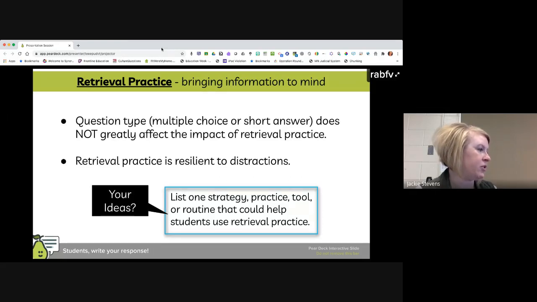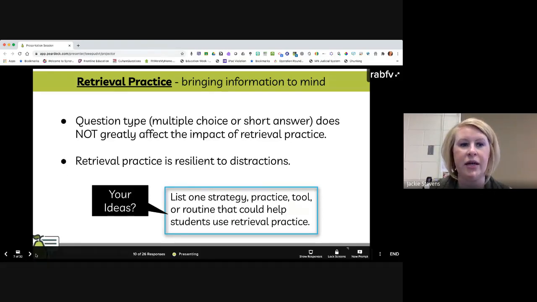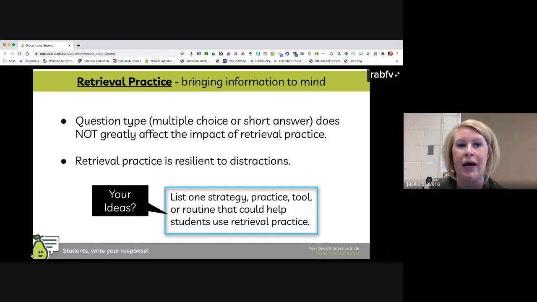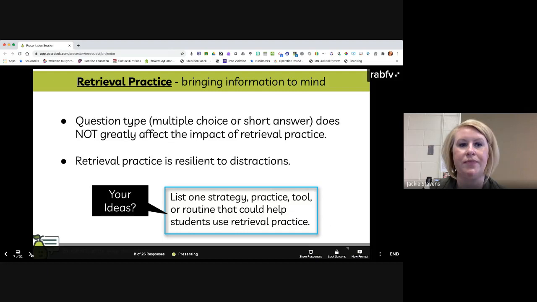Warm-up questions, Kahoot. Student generating questions for their peers to answer, entrance tickets or warm-ups, rewording the question into a statement with the answer to help them retrieve that information. All really great ideas that we can help our students study in our own classes or teach them how to study on their own as well.